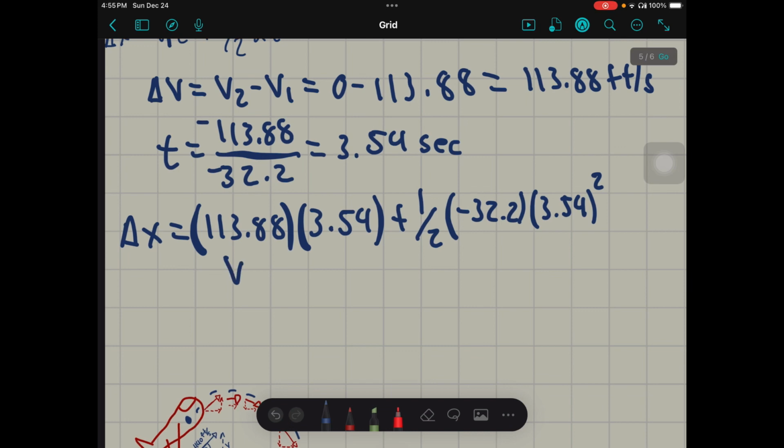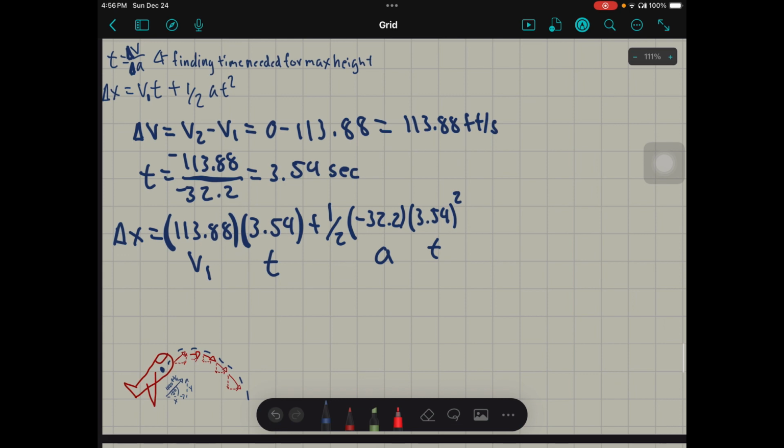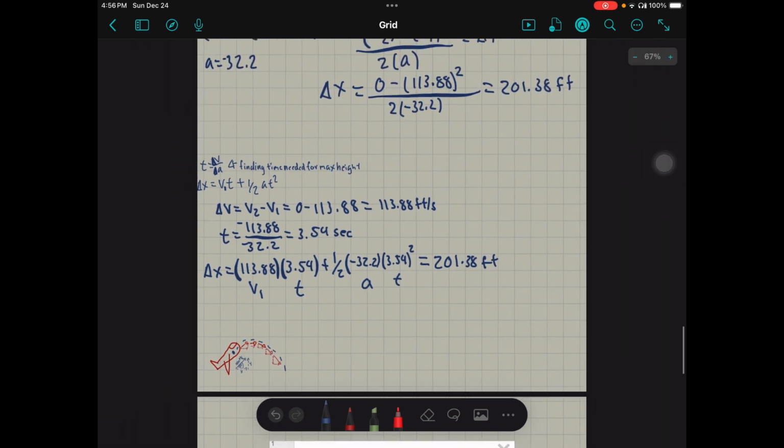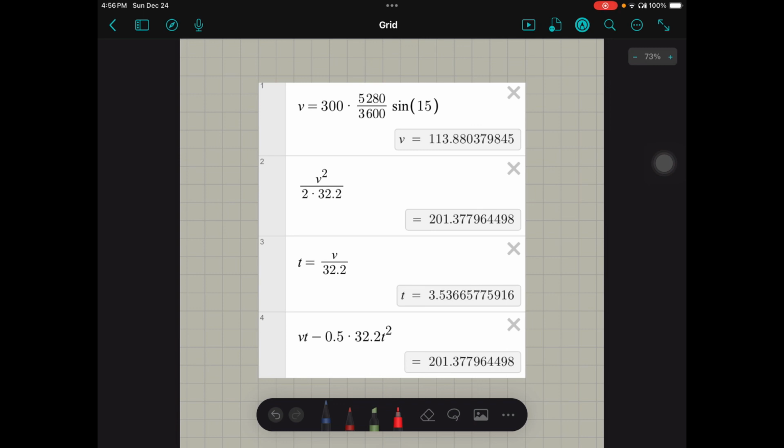So we have our v1, our time, our acceleration, and our time again. When we plug that in, we get 201.38 feet. And that is this answer. So we solved it. Now going to a more precise calculation.